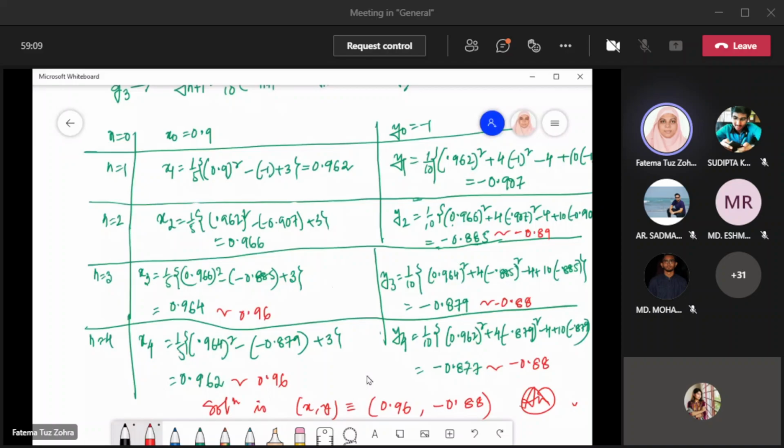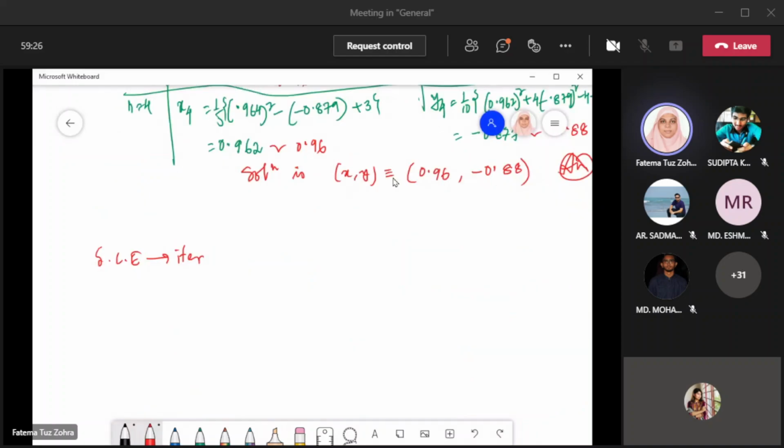So in your viva, I can ask you: I want to solve a system of linear equations, so what is the condition for the iterative method? What will you say? For a system of linear equations, what is the condition for the iterative method?